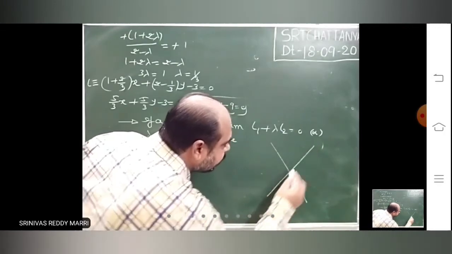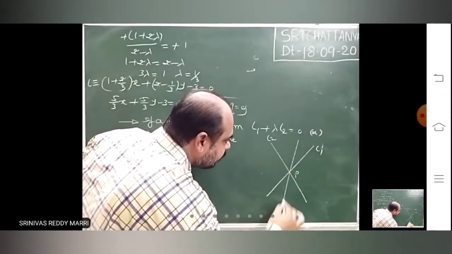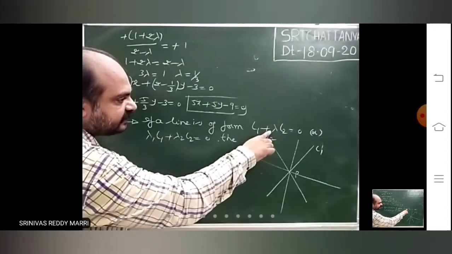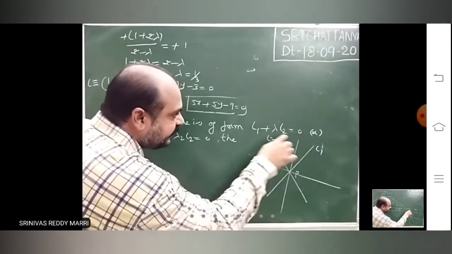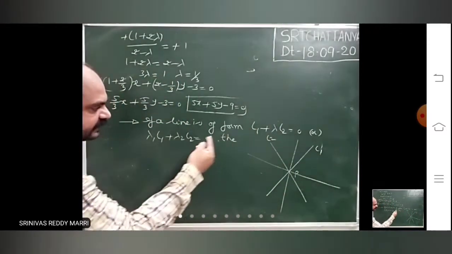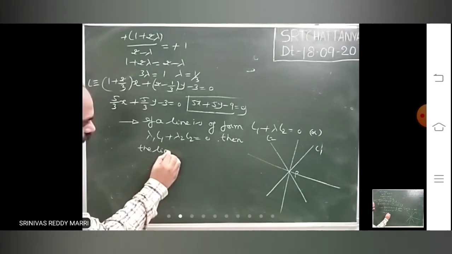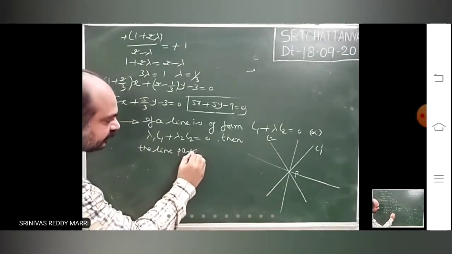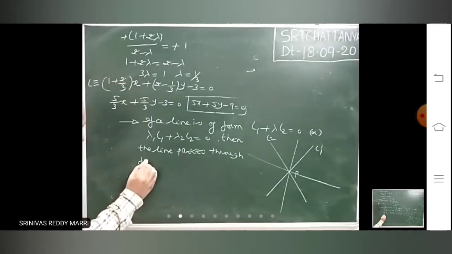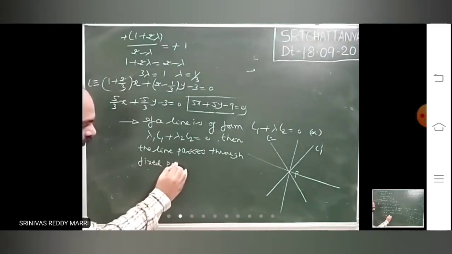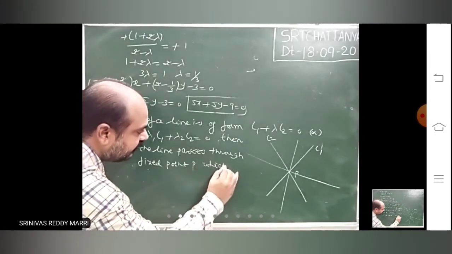So if a line is like this, for L1 and L2 let us say the point of intersection is P. There will be many such lines, a family of lines passing through P, variable lines. If a line is of either this form or this form, then the line passes through a fixed point P. What is that?